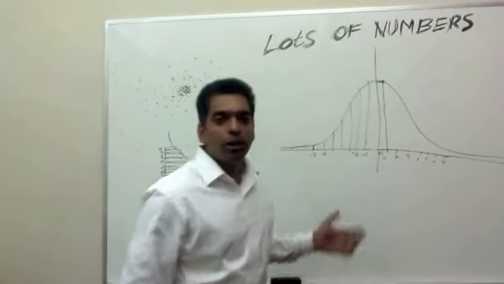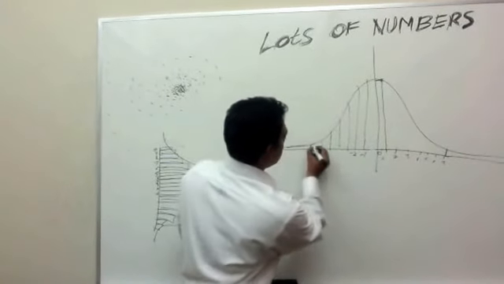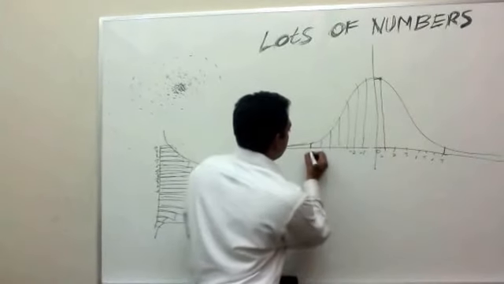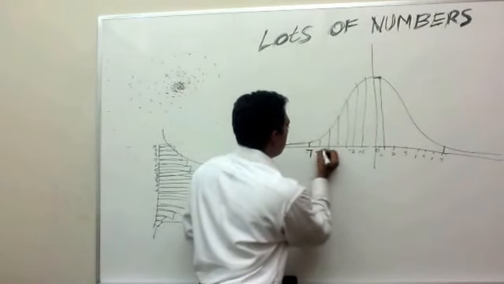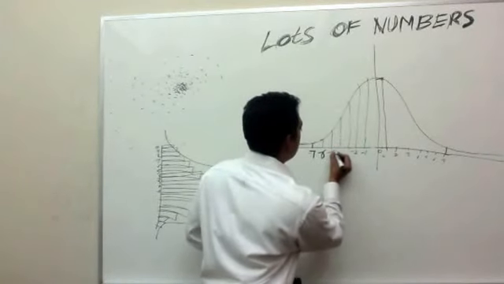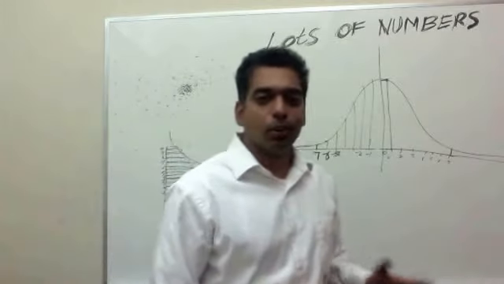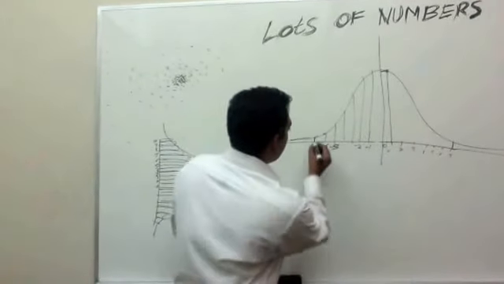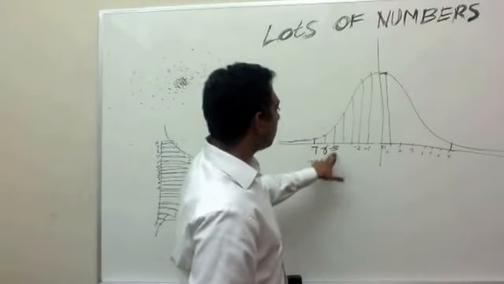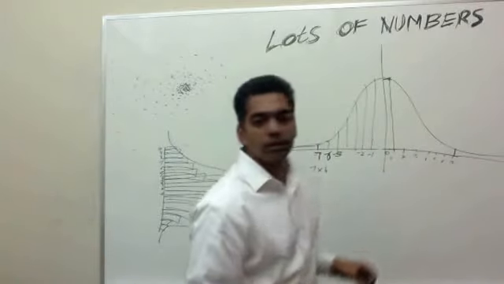So how do you calculate that? What we know is that this is the number of times it fell at 7 inches, this is the number of times it fell at 6 inches, this is the number of times it fell at 5 inches. Now, all we have to do is take 7 times this height plus 6 times this height plus 5 times this height plus 4 times this height, and so on, until 7 again.